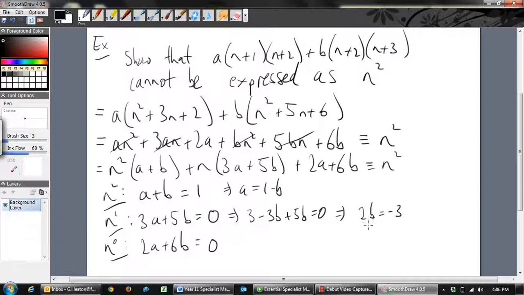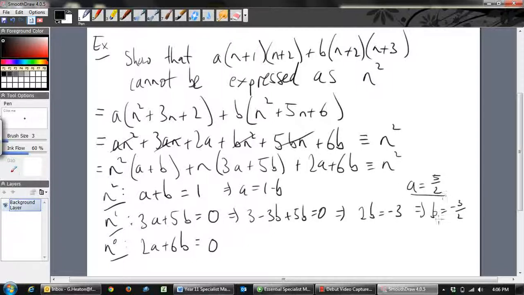Hopefully I'm right there. Yep, so b is equal to negative 3 over 2. Up here we've got a equals 1 minus b, so what's 1 minus negative 3 over 2? That's 5 over 2. Did I get that right? 1 over 2, yep, 5 over 2.